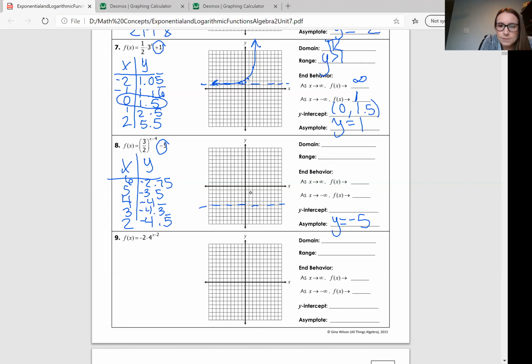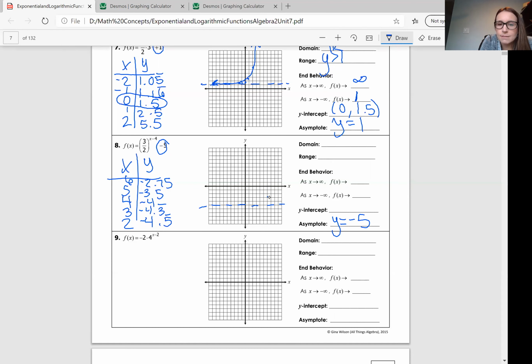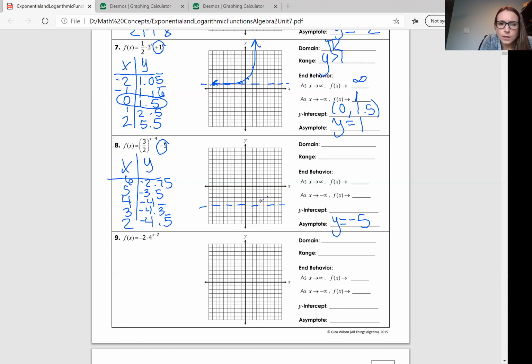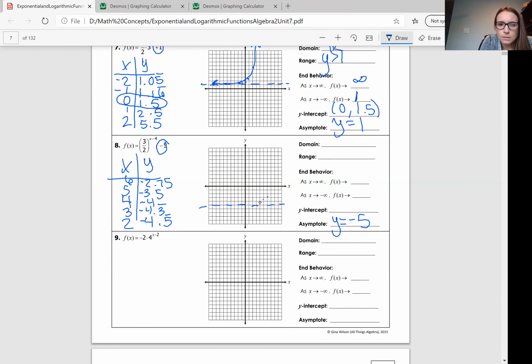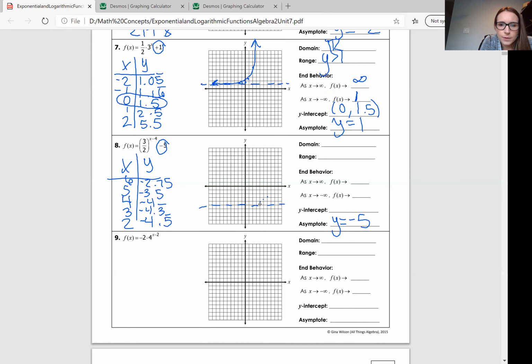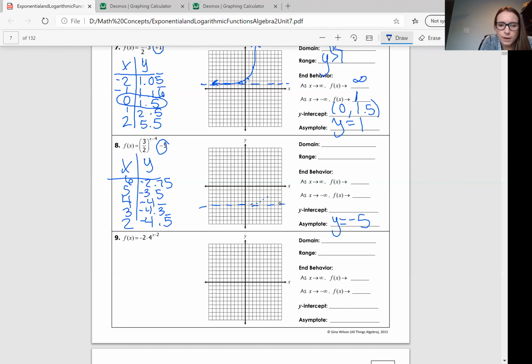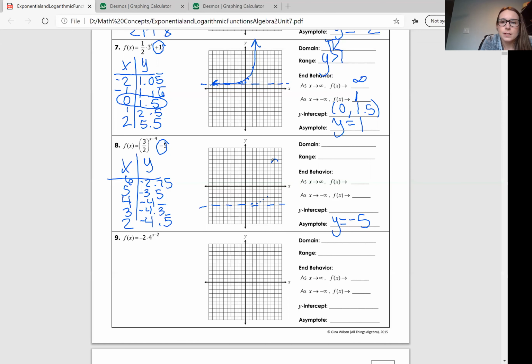So we have 6, negative 2.75, and again, they're not going to be exact. 5, negative 3.5. 4 is negative 4. 3 is negative 4.3, and 2 is negative 4.5. Okay, so close enough, right?